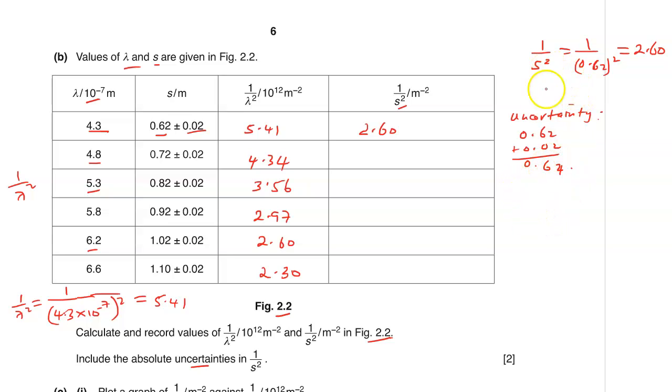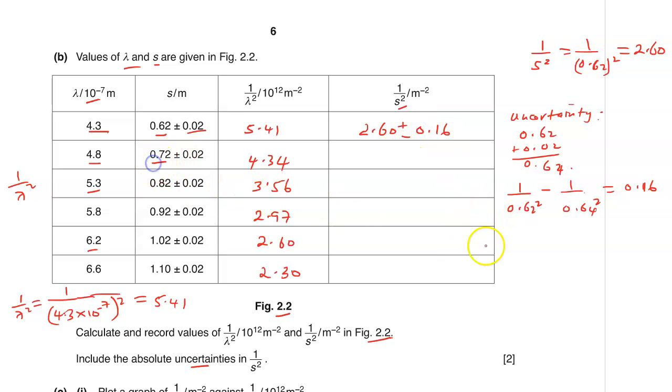To get the absolute uncertainty, you find 1 over 0.62 squared minus 1 over 0.64 squared. When you put your calculator there, you'll get the uncertainty to be 0.16. So that's what you write here, plus or minus 0.16.